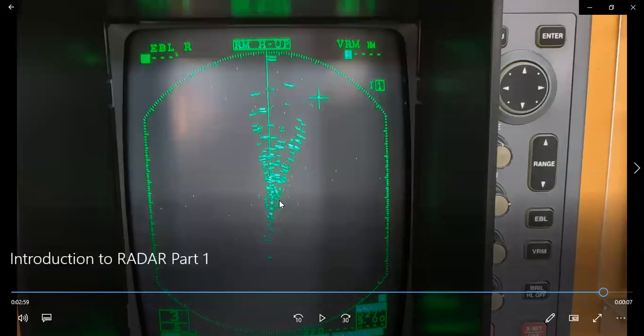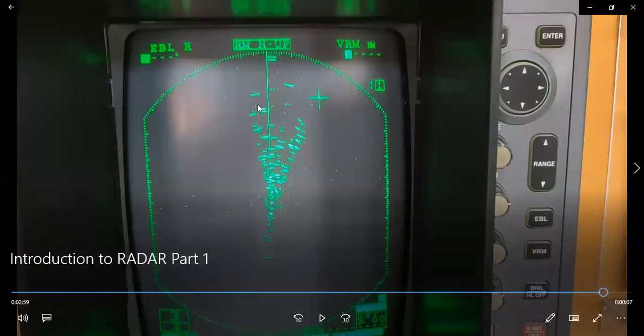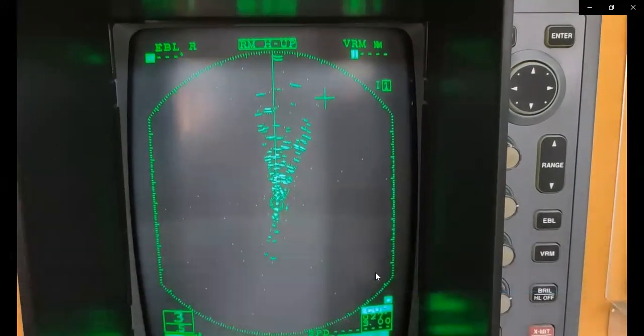If the radar worked properly, we would see dots in all different directions, and the whole display would be covered with dots. But because of the fault, it is not detecting objects in other directions, only over this narrow angle. Got it? Yes, sir.